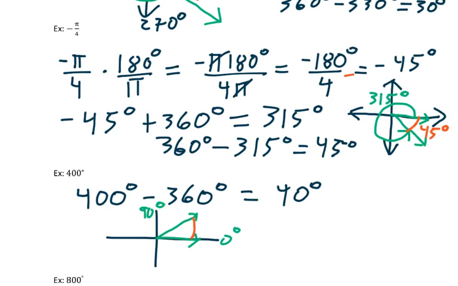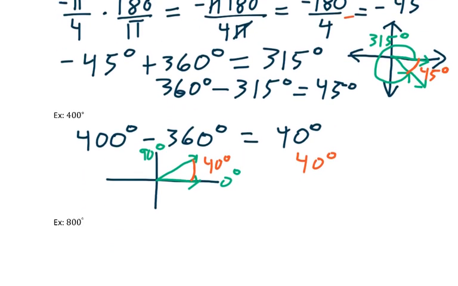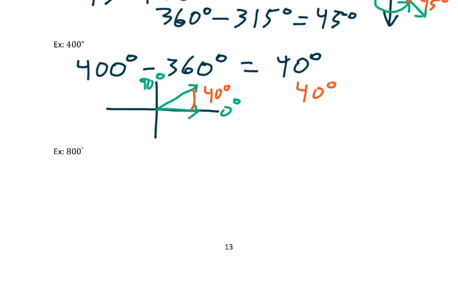So in this case, the reference angle is 40 degrees, because it's the angle between the terminal side and the x-axis, but it has to be acute. That forces 40 degrees to be its own reference angle. So 40 degrees is the reference angle for 400 degrees. Okay, let's do one more.